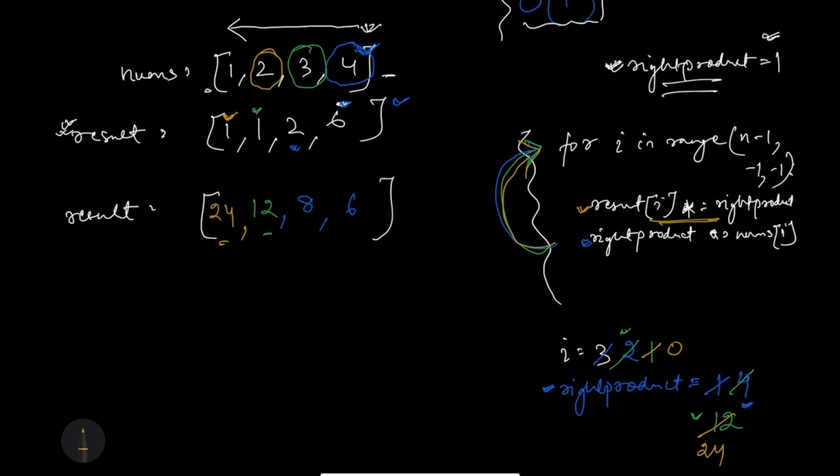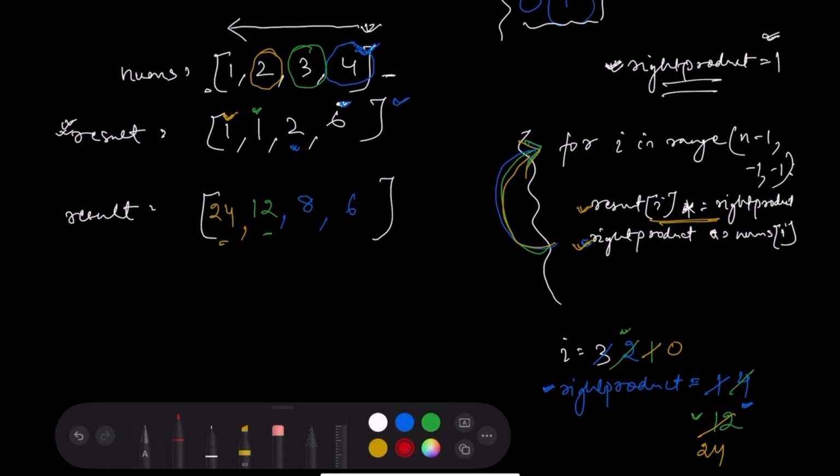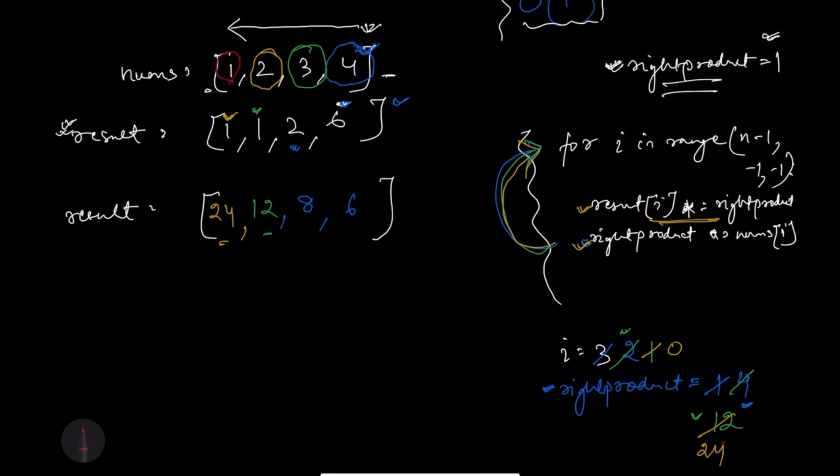Then we will modify our right product. That is 24 into 1, which would be just 24. Now as our i has reached 0 and completed its iterations, we have found our result array.